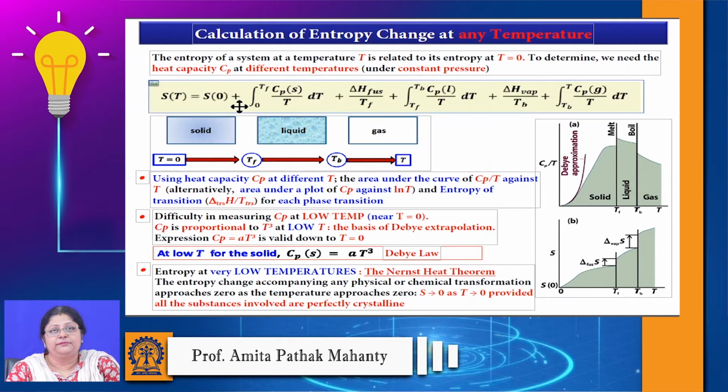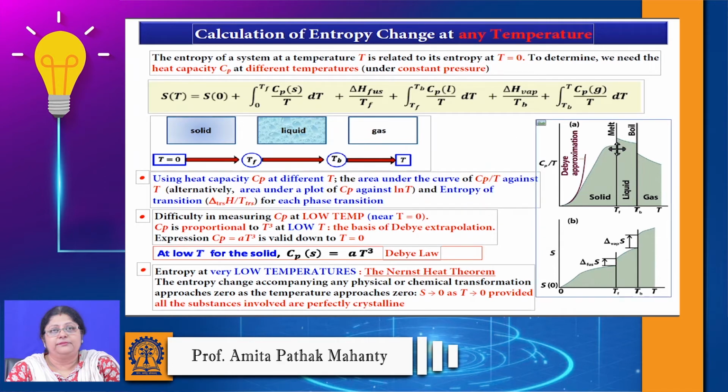First I have one entropy which is to begin with at temperature equal to 0. Then from 0 degrees to a final temperature, for which the Cp of that solid is known, you integrate Cp dT by T. This will be the curve, and the area under the curve will give you the associated entropy change.